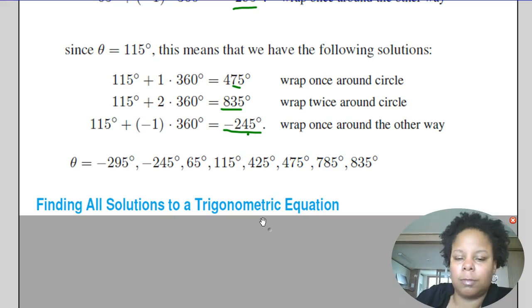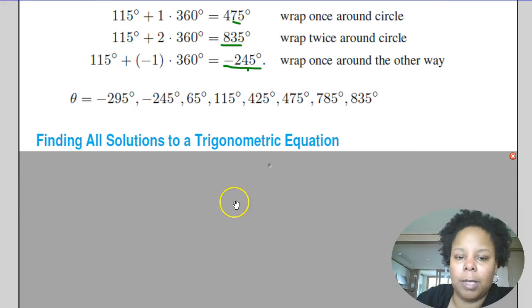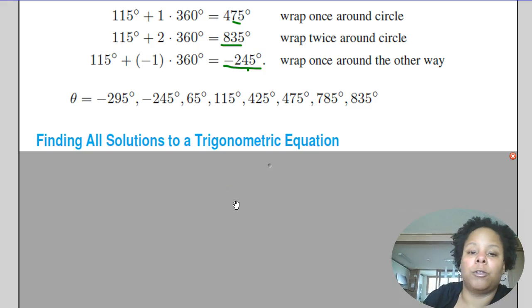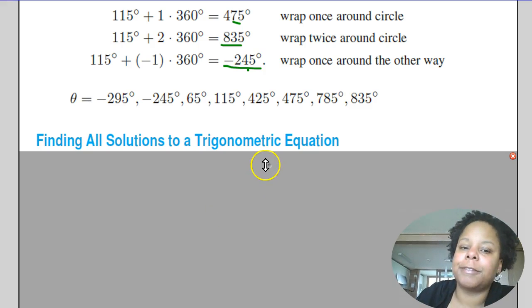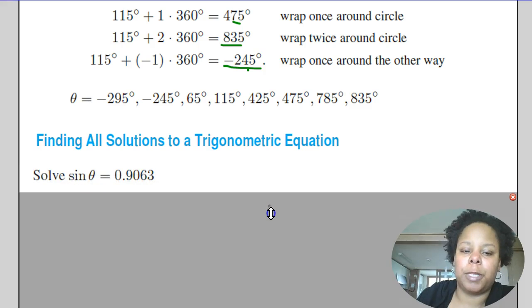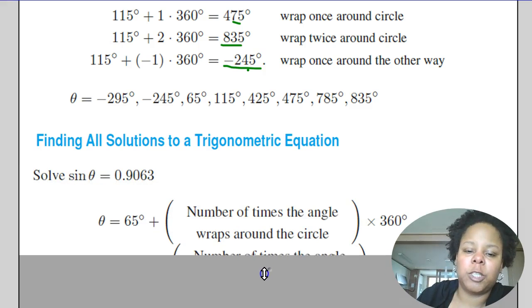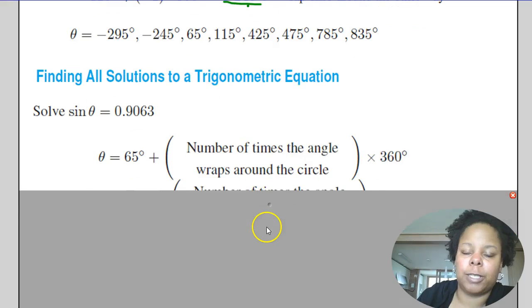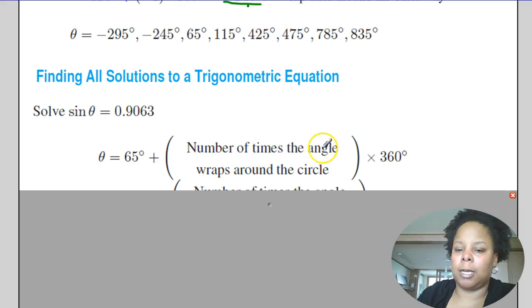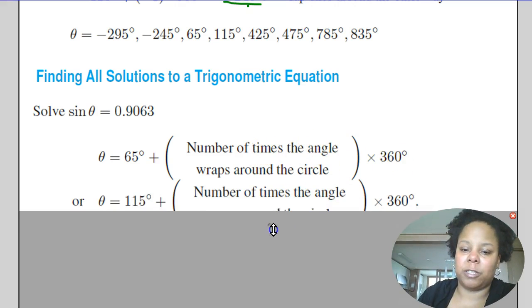But what if they say just from negative infinity to infinity, how do I come up with something? Well, we don't have all day to list all those solutions from negative infinity to positive infinity. So what we do is we come up with an expression. And the expression is based off of the expression that we use to calculate the other ones. 65 plus any whole number times 360 will give me a solution.